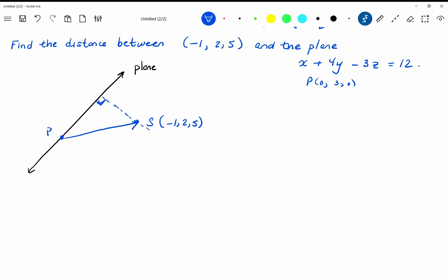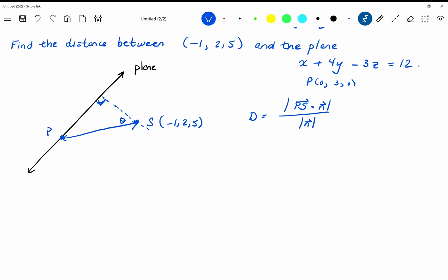What we notice is that the angle between the normal vector and vector PS, moving in either direction, is theta. Remember that the distance formula that we derived is the absolute value of the dot product PS dot n, divided by the magnitude of n. That comes directly from the cosine of theta formula with the dot product of two vectors.